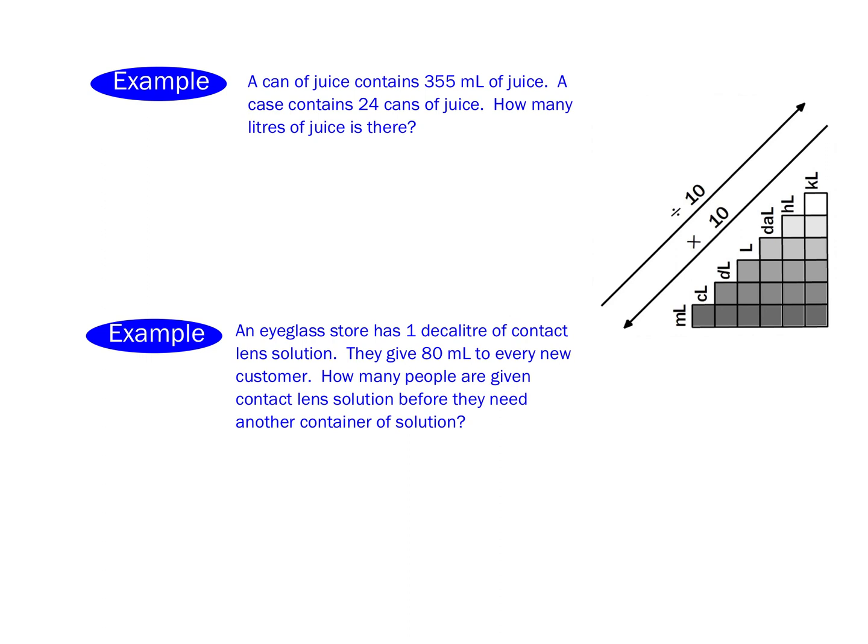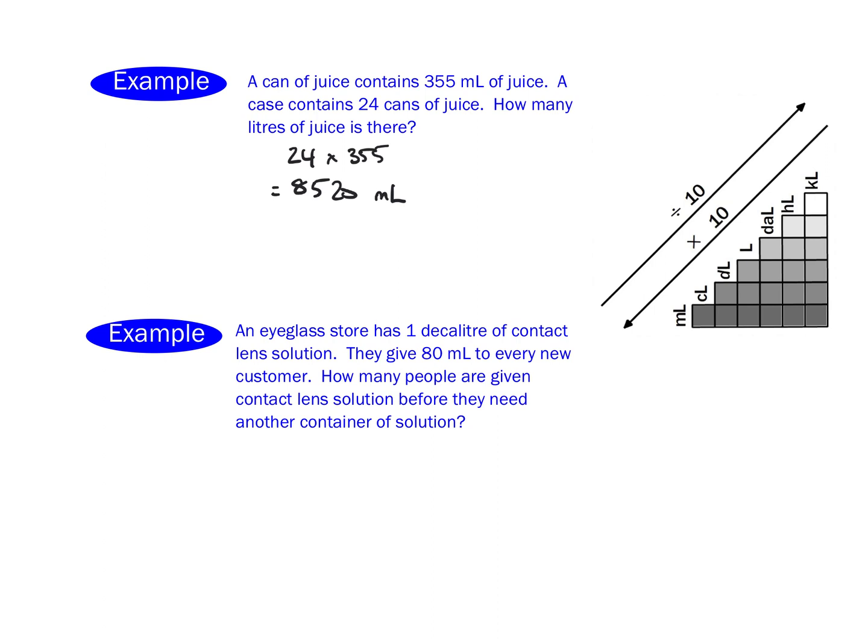And we're going to do that by taking the number of cans and multiplying it by the volume of each individual can. And when we take 24 and we multiply it by 355, we get 8,520 mLs or milliliters.